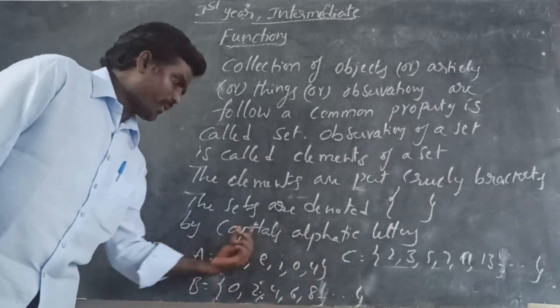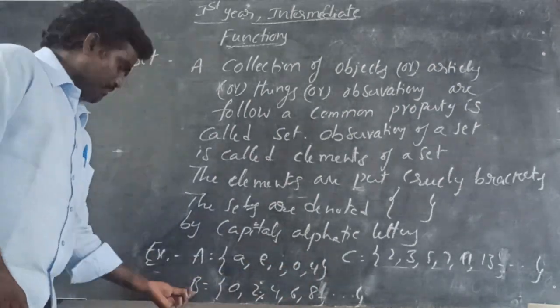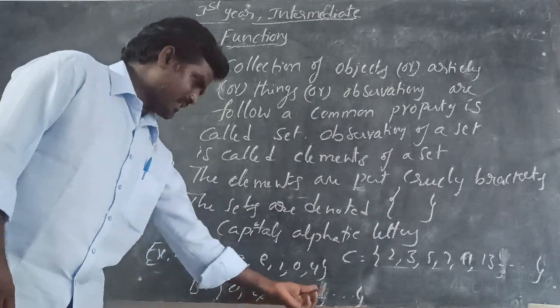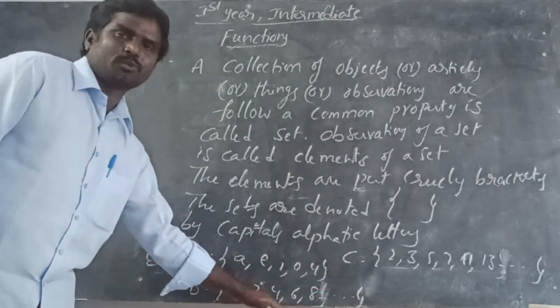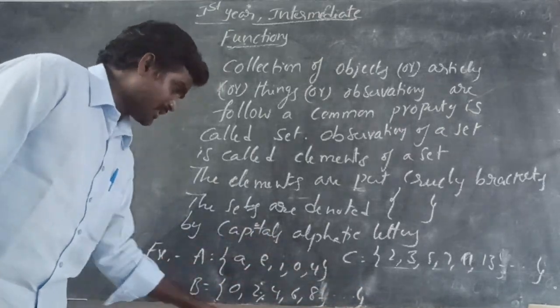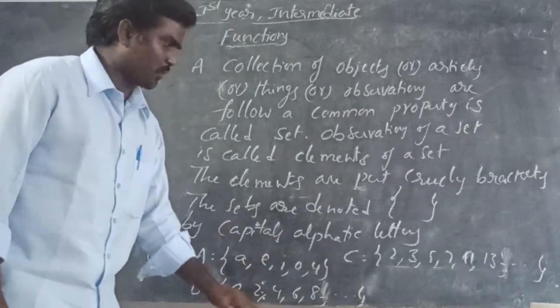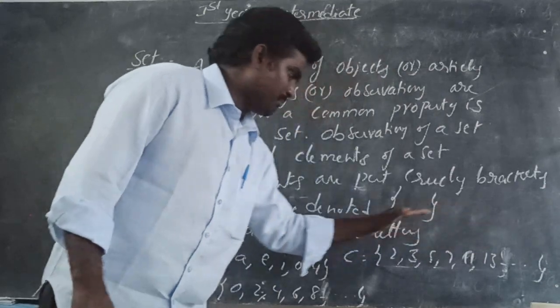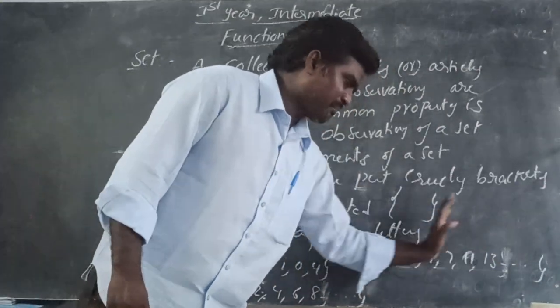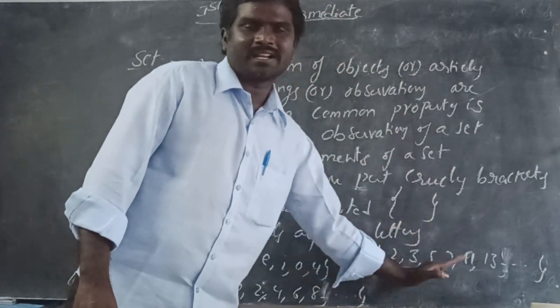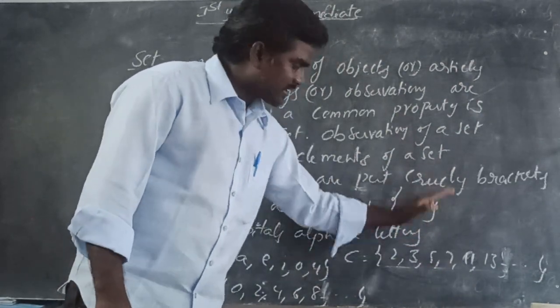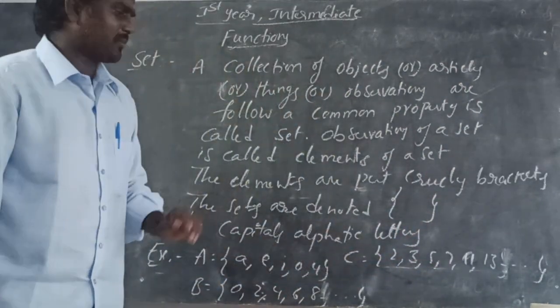These all are vowels. Next, D = {0, 2, 4, 6, 8, and so on}. These elements are multiples of 2, all even numbers, all divisible by 2. The remainder is 0. Another example: the elements are all prime numbers, because they have only 2 factors, 1 and itself. These are the sets.